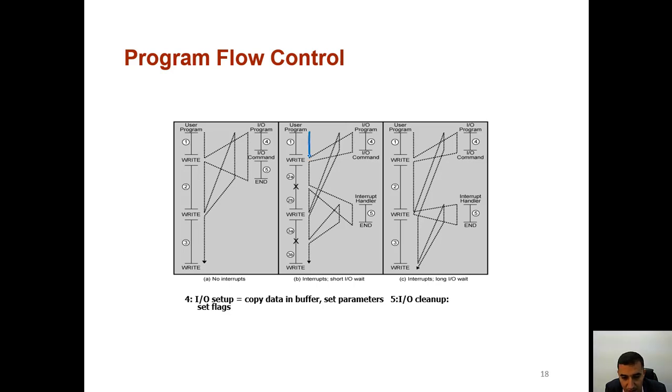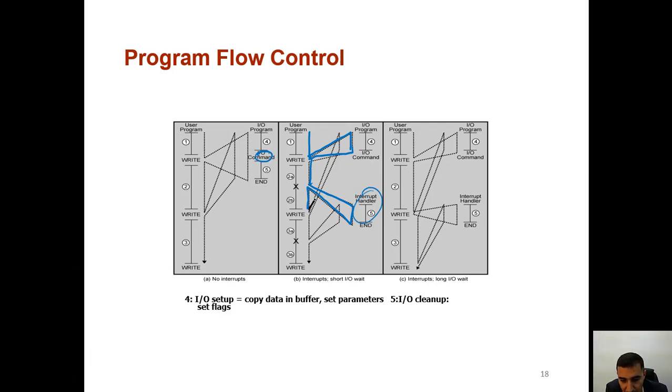Once I reach the write, I issue a write, and then I will not wait. I go back to my program and execute. Once the value is ready, I go execute it, then I continue my program. Again, this is repeated.